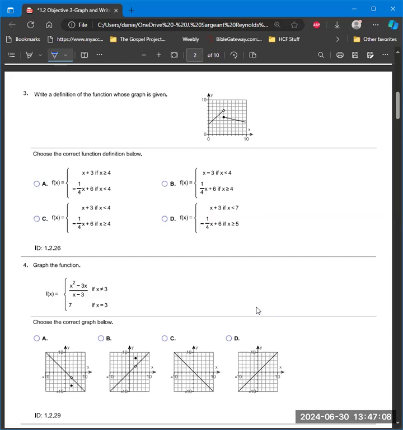So that first piece is less than 4. So we're dealing with one of these, and then this piece is greater than or equal to 4. It's going to have a slope of -1, right 4. So that looks like C.